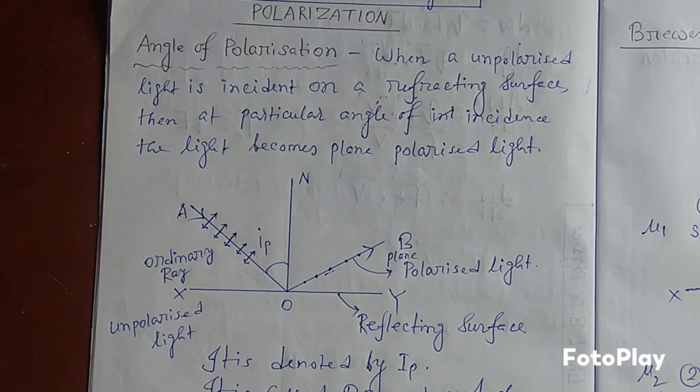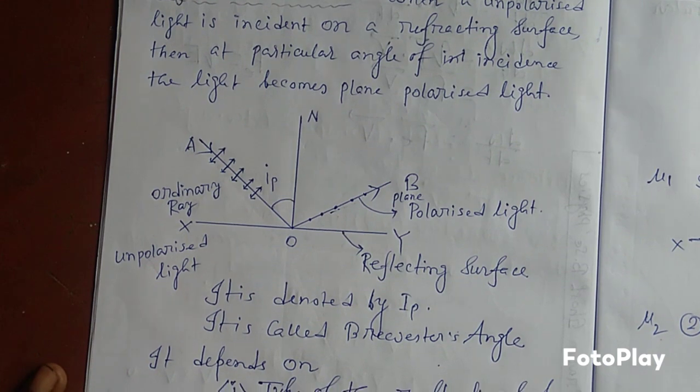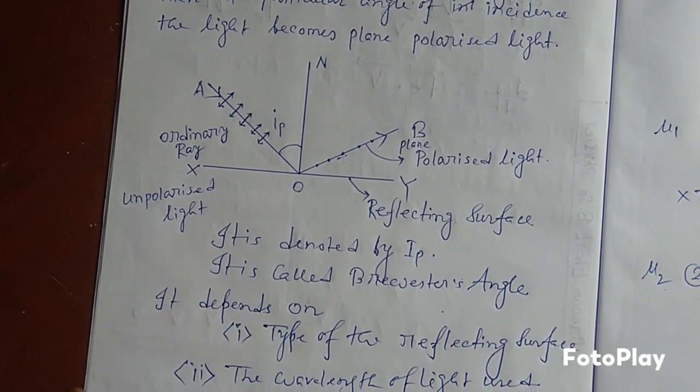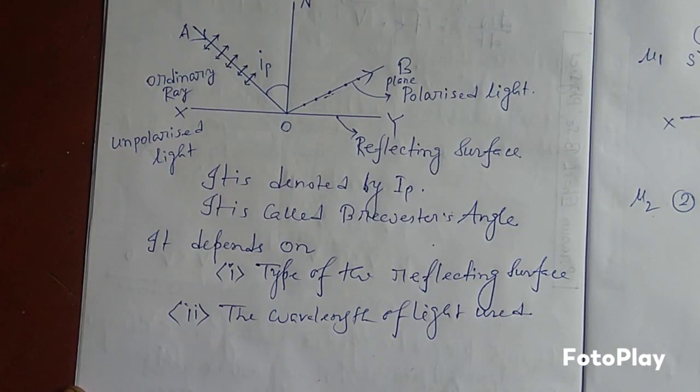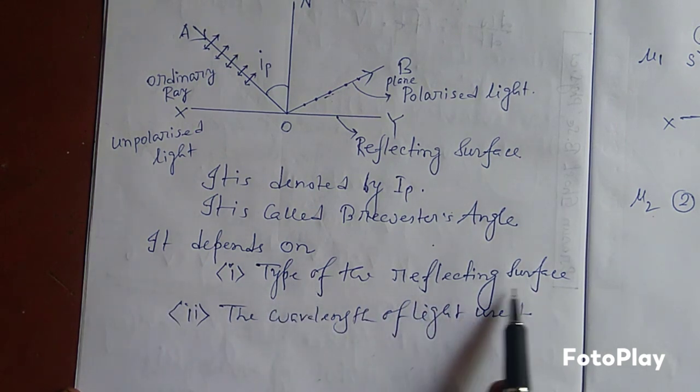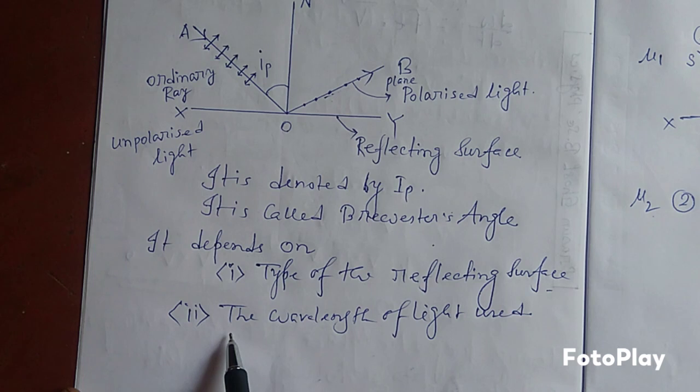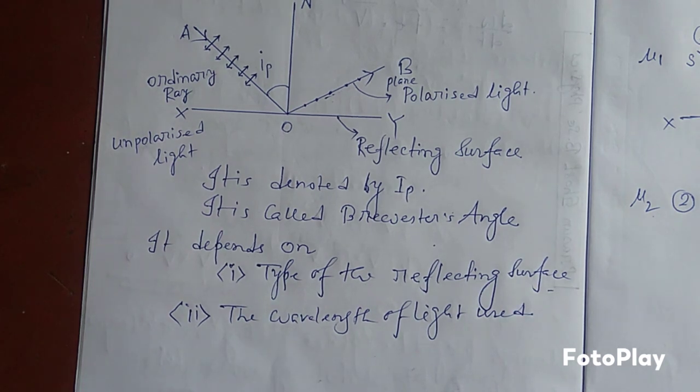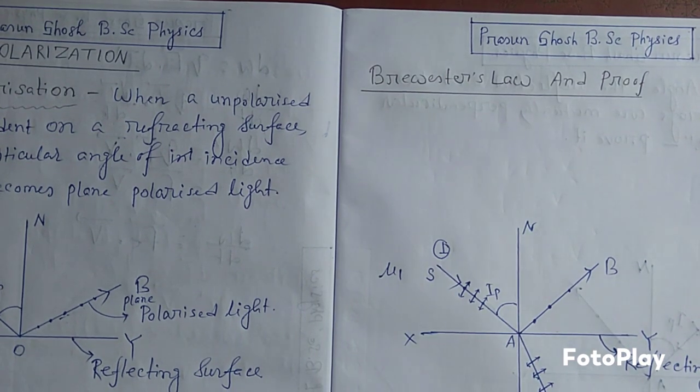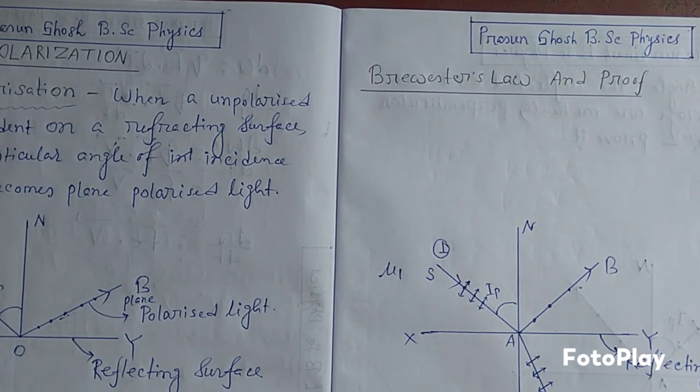So this is the angle of polarization. This is very important for examination purposes. It depends on the type of refracting surface, and number two, the wavelength of light used. And next, that is Brewster's law and proof.